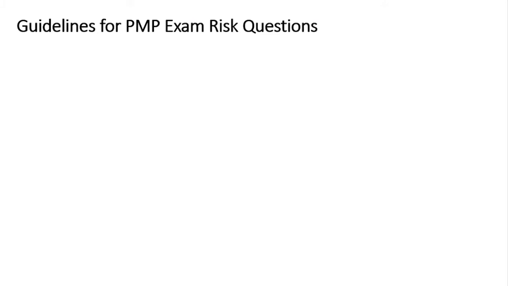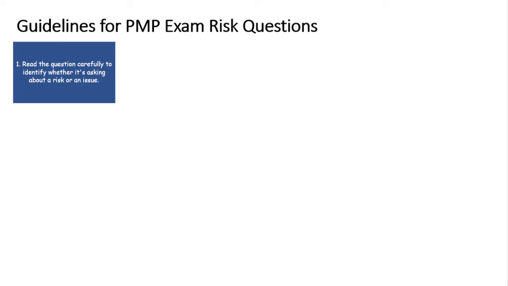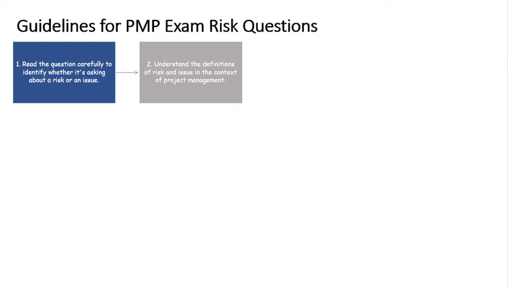Now, in closing, I'm going to give you some guidelines for PMP risk questions. Number one, you got to read the question really well, just like I showed you. Read it carefully to identify whether it's asking about a risk or an issue. Number two, understand the definitions of risks and issues in the context of project management.